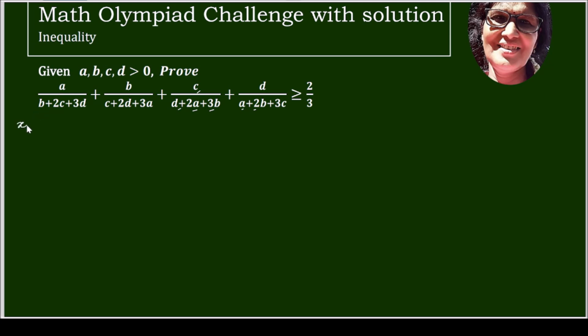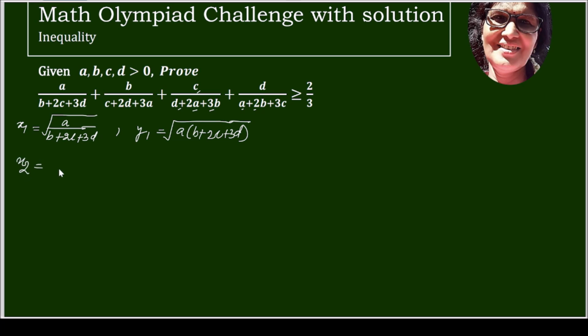So let x1 be the square root of A over B plus twice C plus 3 times D, and y1 equals the square root of A multiplied by B plus 2C plus 3D.